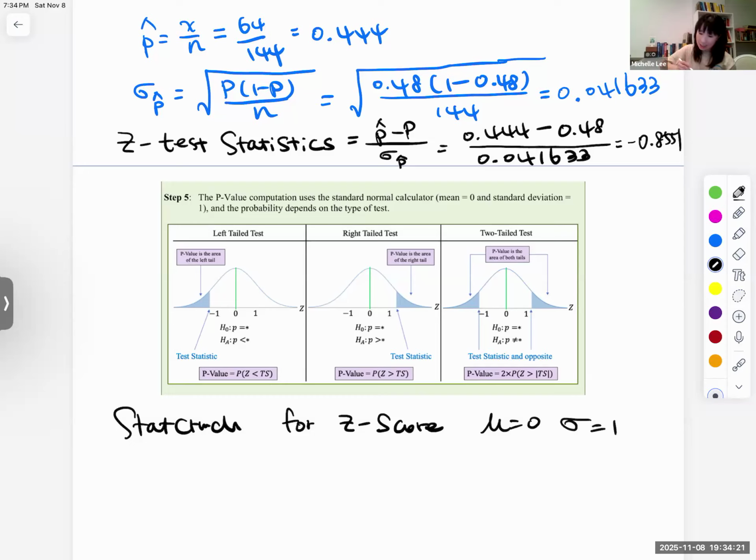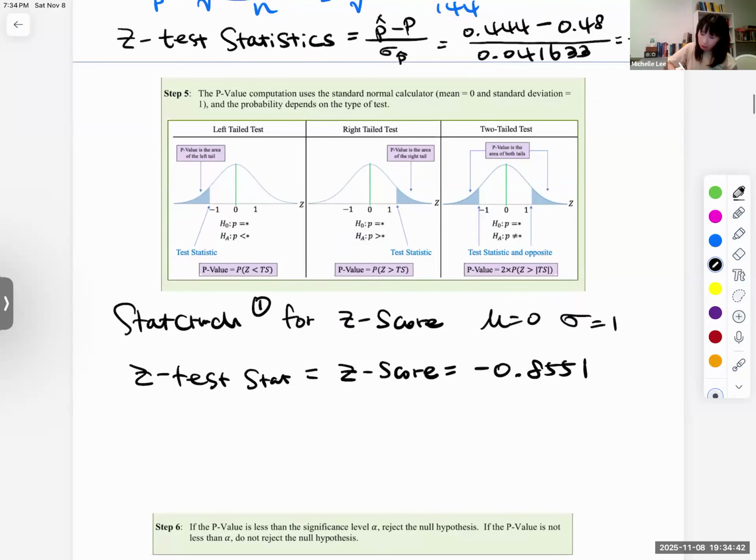In that case, the z-test statistic, let me denote it like that, is the same as the z-score. So that is negative 0.8551. That is one way.